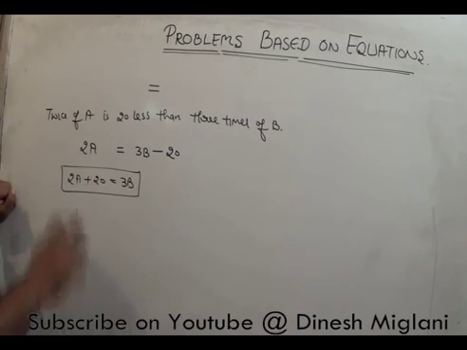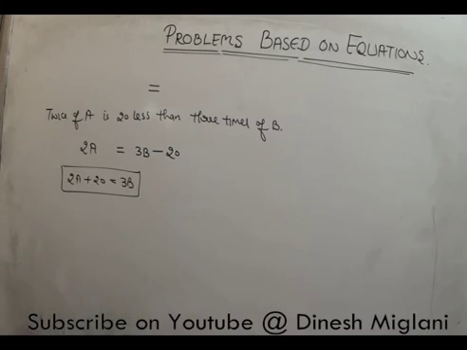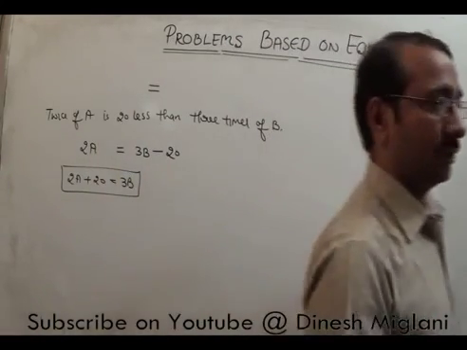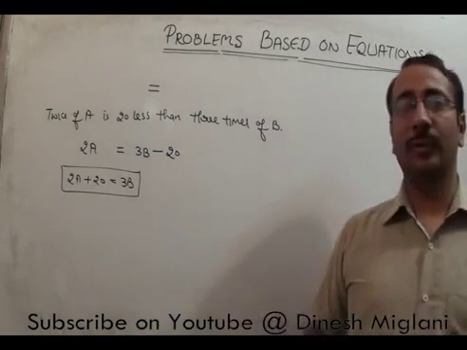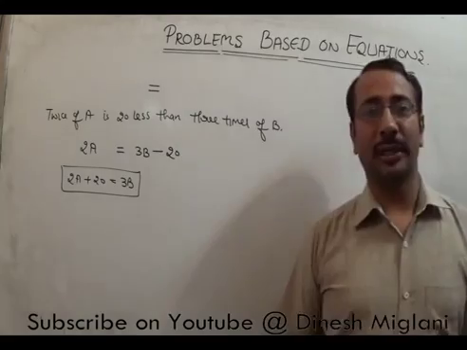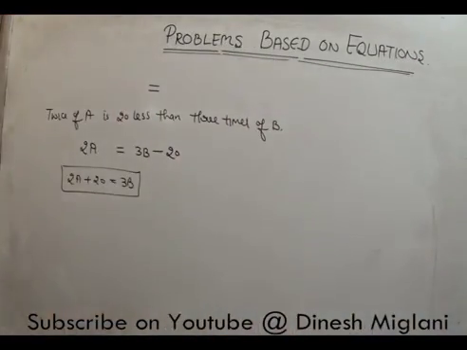By this structure I can form an equation. Now in this type of questions, we first form the equations, then solve them, and we are in a position to get our answers. Now we start one by one.